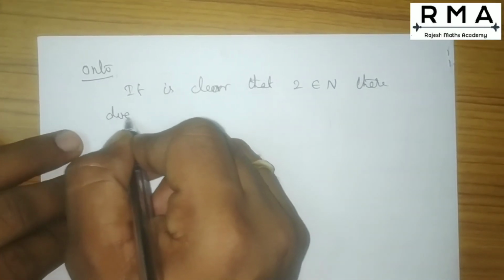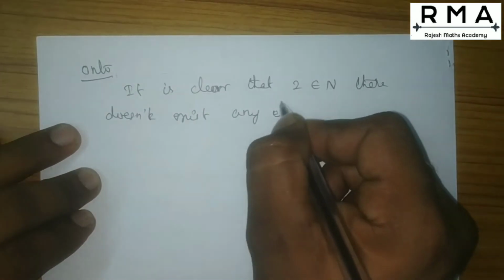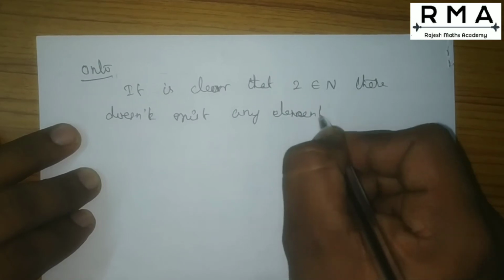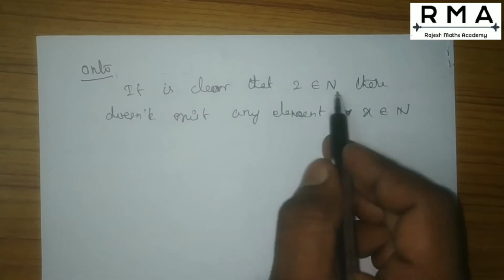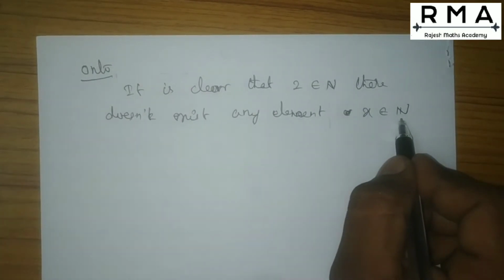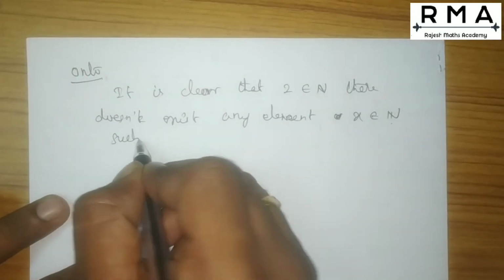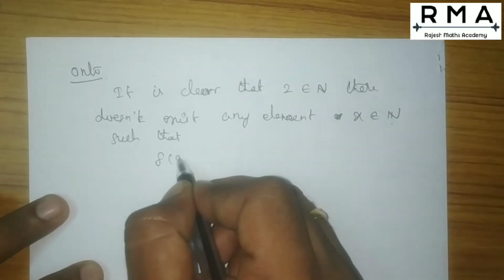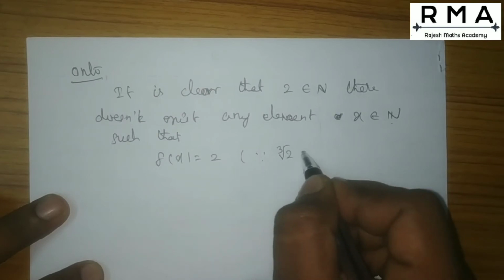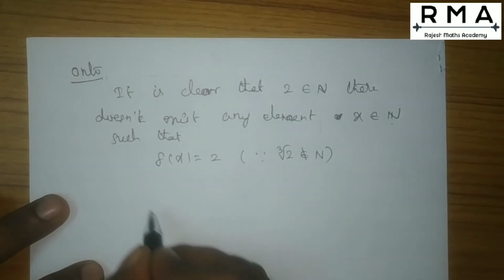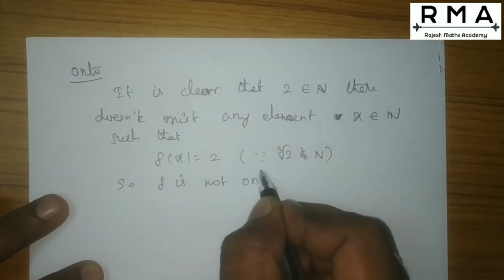There does not exist any element x in the natural number set, this natural number set being the domain, and the codomain also being the natural number set, such that f of x equals 2, because the cube root of 2 is not available in the natural number system. So clearly I can say that f is not onto.